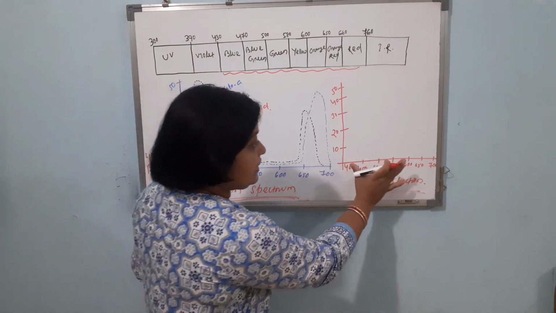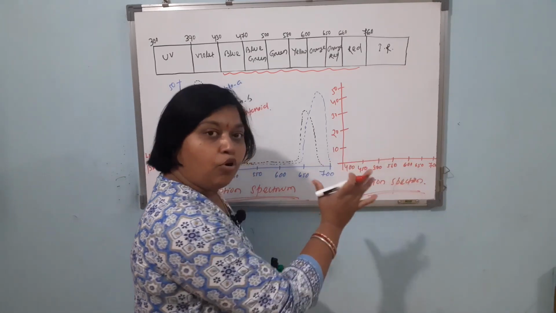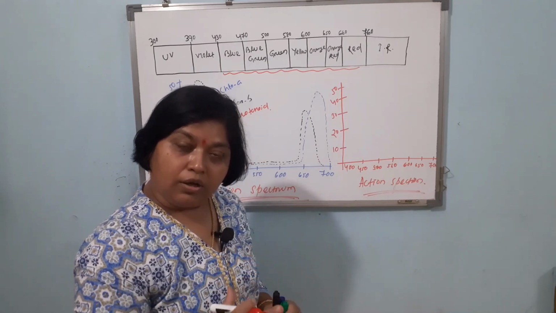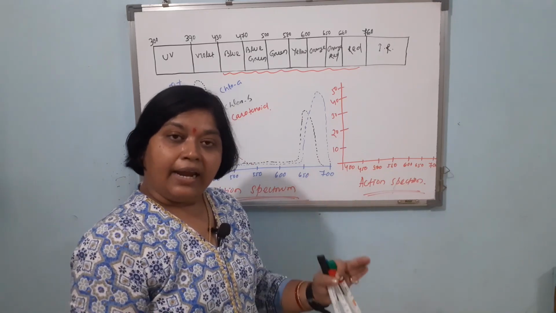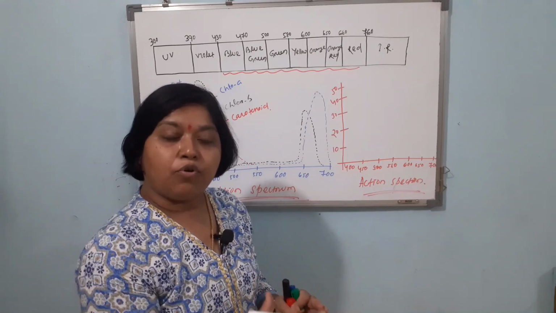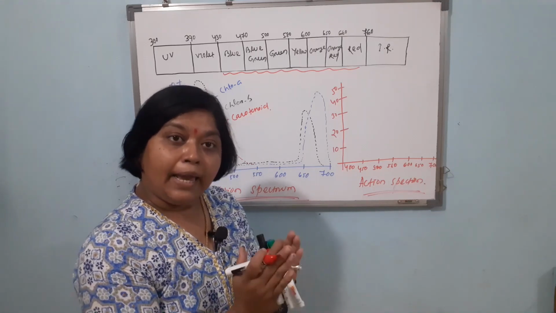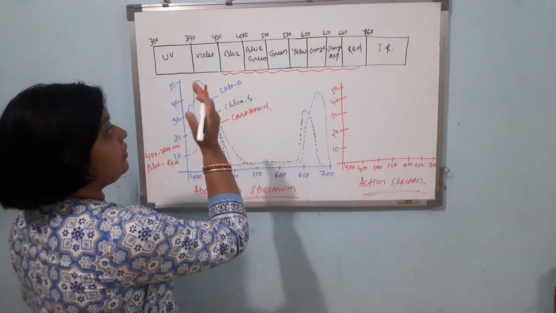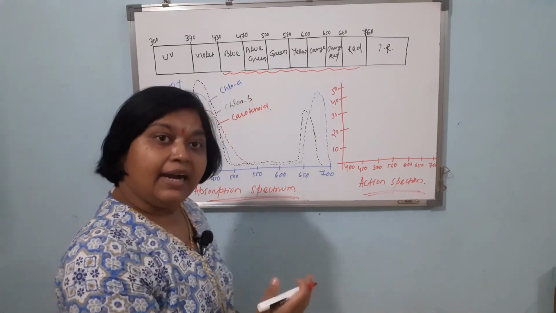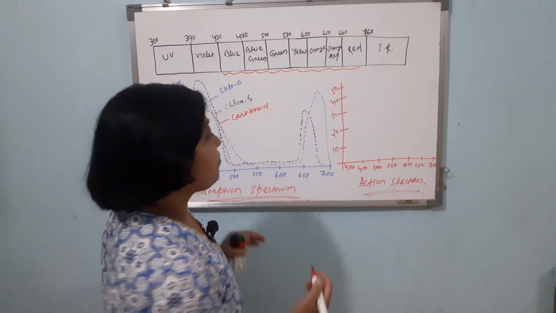Within this range photosynthesis occurs, but it occurs efficiently in the blue light, green light and red light regions.